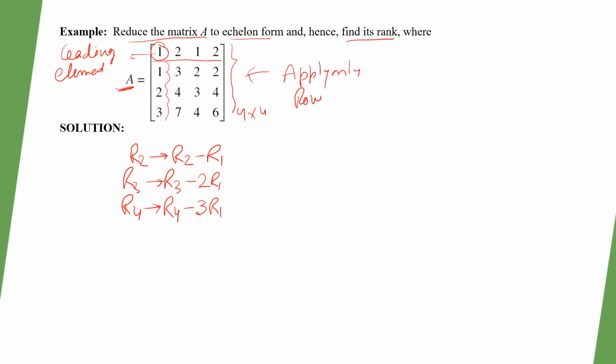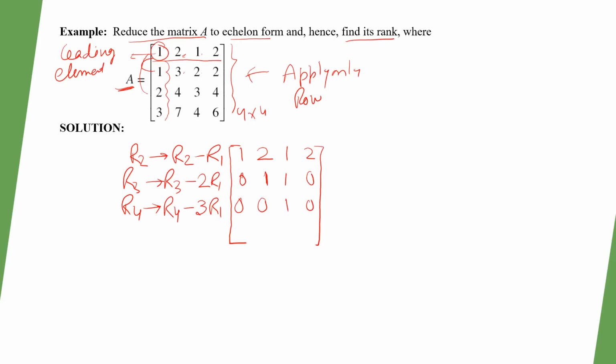So the matrix becomes: first row same, because we are applying the operation on R2, R3, R4. The second row: 1 minus 1 is 0, 3 minus 2 is 1, 2 minus 1 is 1, 2 minus 2 is 0. Third row: 2 minus 1 is 1, 2 minus 2 times 1 is 0, 0, 1, 0.